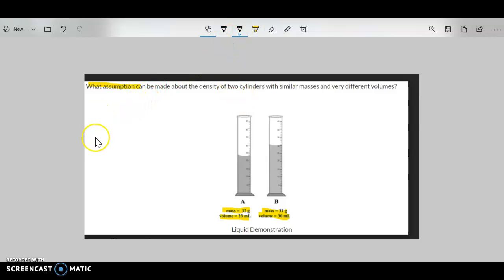But you have to remember that to find the density, you're going to take that mass and you're going to divide it by the volume. So you would first make your assumption and then you can do the actual math.